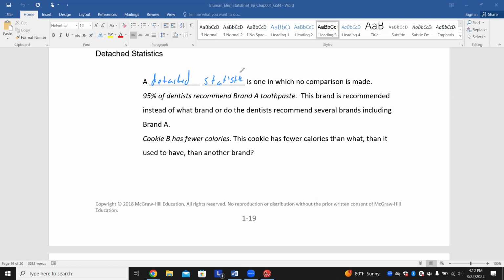It has to have more to it. These are detached statistics to make you think, hey, this is really good for me, or this will probably taste good because dentists recommend it. Well, do you have all the data to declare that? So things to watch out for when you're looking at things on the news and on TV, for commercials and stuff like that.